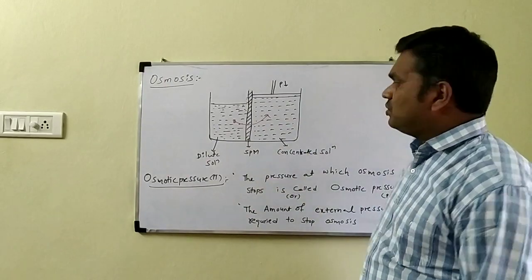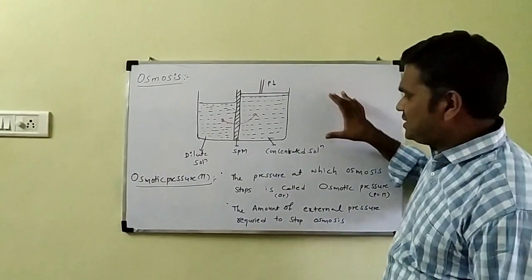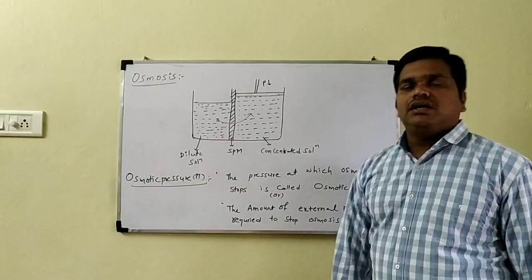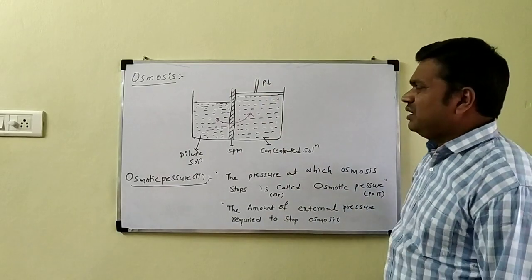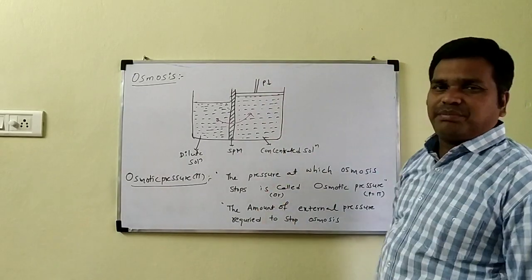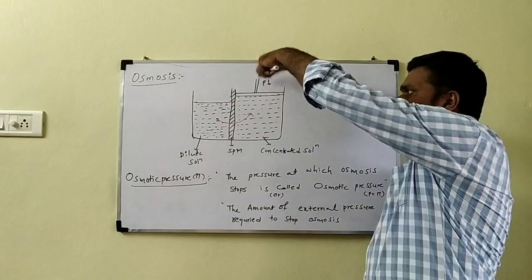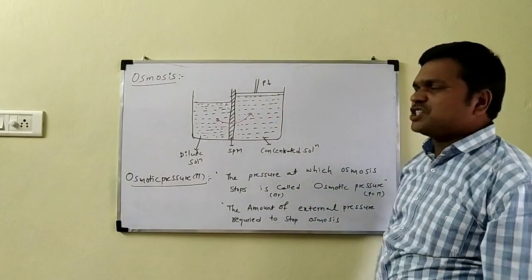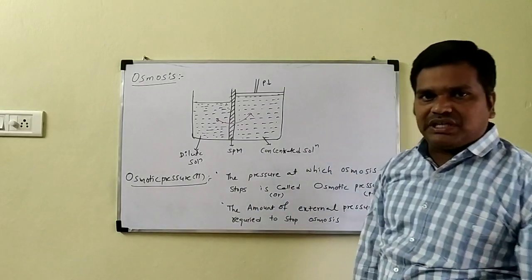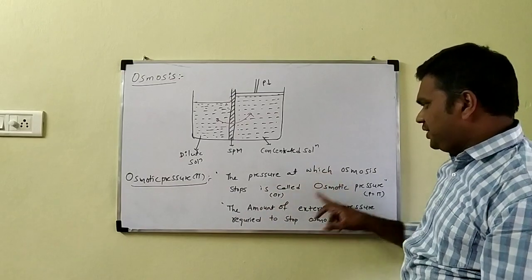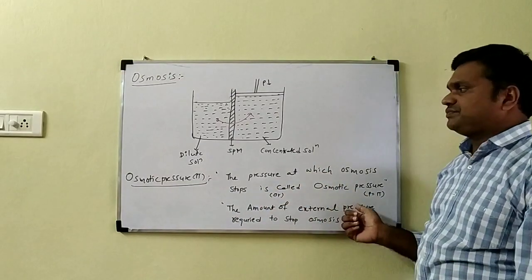So when the osmosis process takes place continuously, the volume of the solution increases in the concentrated solution. Then I apply some pressure on this solution, and osmosis decreases. So now we can define osmotic pressure like this: the pressure at which osmosis stops is called osmotic pressure.